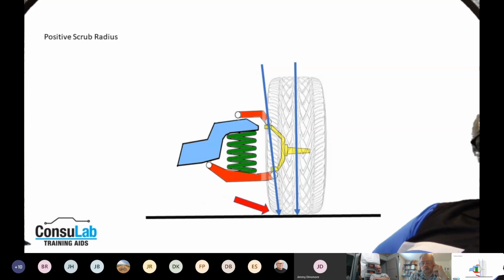The spindle will move when we move the upper control arm, the typical place to adjust this. But what we're changing in that case is SAI and camber. The included angle is built into the spindle. And when we measure our included angle, we can determine as a diagnostic if the spindle is bent or not.